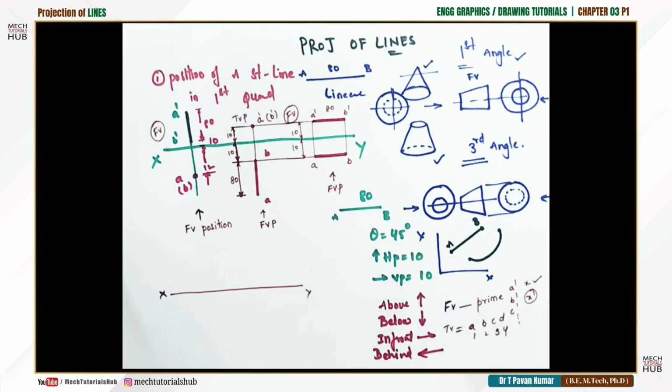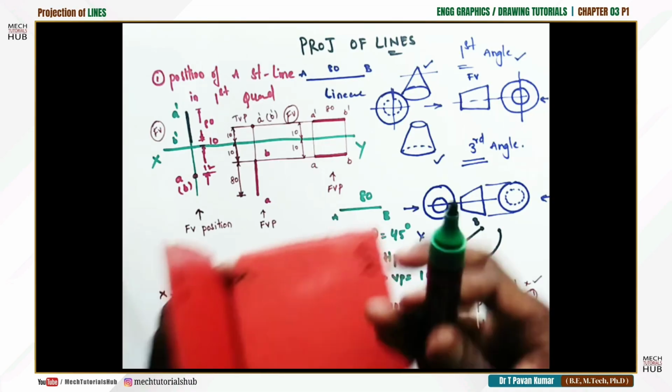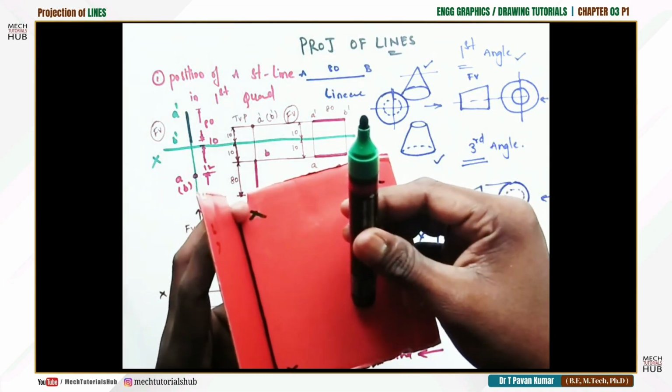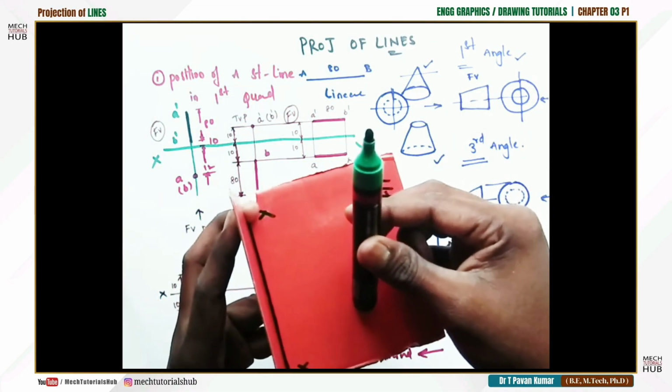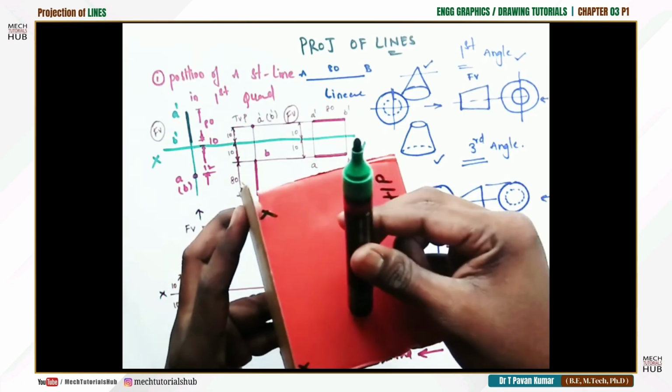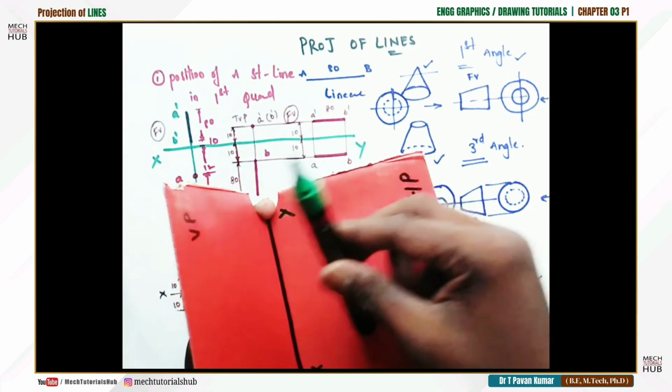What I try to do is make a mark of 10. Then draw one locus above and below. At 10 away from the dimension line, I'll make a mark. Now the line is making an inclination of 45 degrees with the HP. So the true length is going to fall on VP. True length of the line is going to fall on VP.